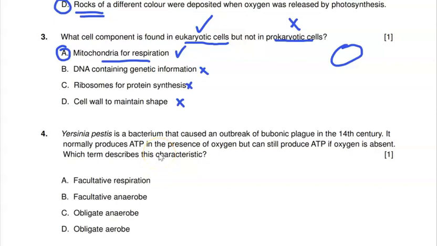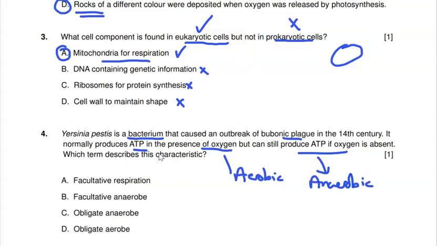So we're hearing about a bacterium. In this number 4, we're reading about a bacterium that caused the bubonic plague in the 14th century. And it normally produces ATP in the presence of oxygen, so we know that that makes it aerobic. But it still can produce ATP if it's absent, so that means it's anaerobic. It can be anaerobic, so that means we can put an or in there.